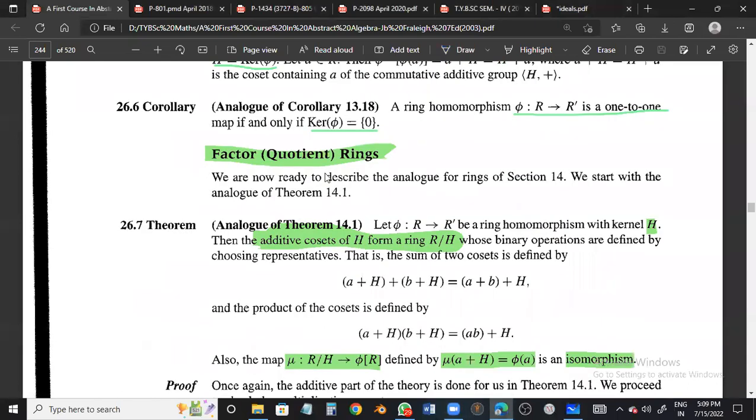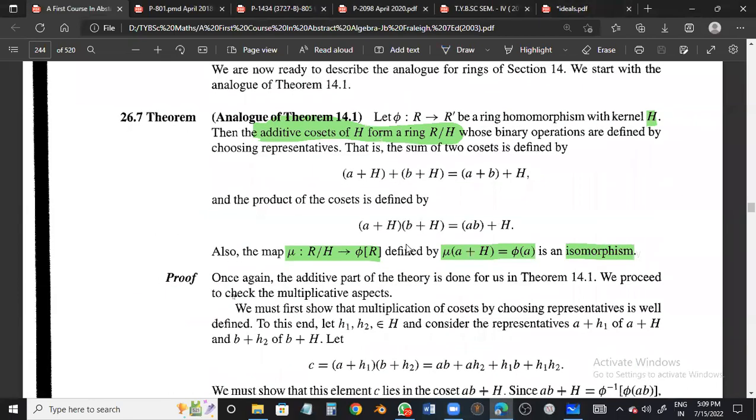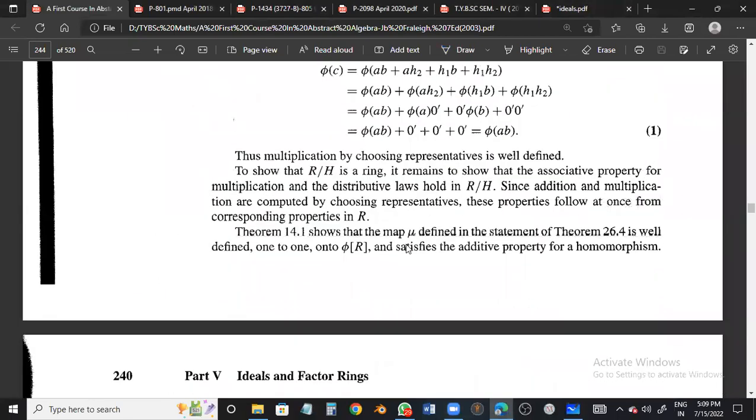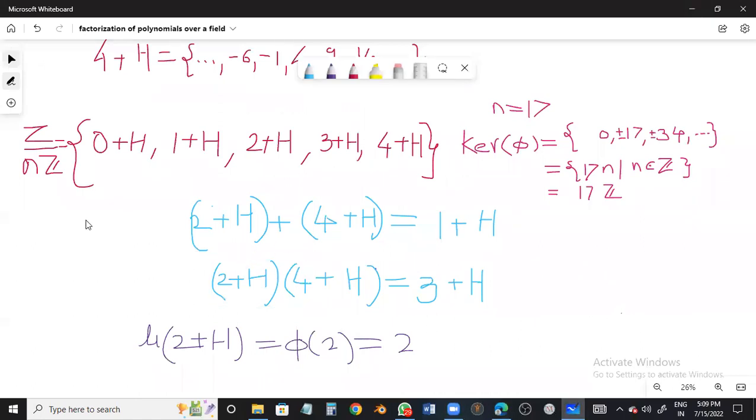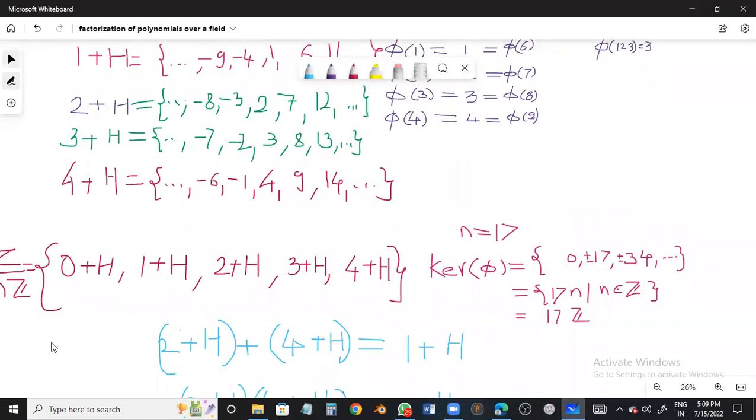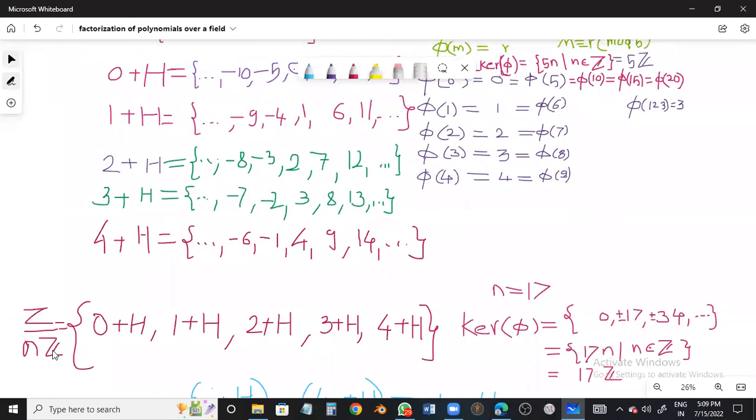So I would like to move back then. We are in factor rings or quotient rings, and this theorem we have just seen. Now this example also we have seen just now, Z upon nZ, and we wanted to show that it is isomorphic to Zn. For that, we have considered n equal to 5 in particular.